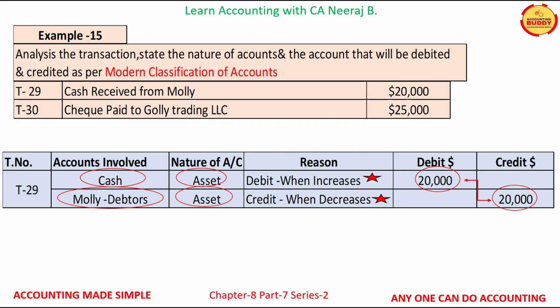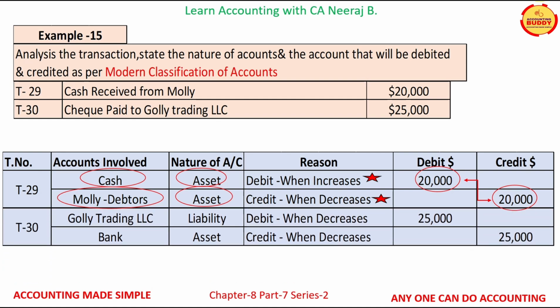Transaction T30 is a check of $25,000 is paid to Goli Trading LLC. The two accounts which are affected by this transaction are creditors account of Goli Trading LLC and bank account. Goli Trading LLC creditor account is a liability account.